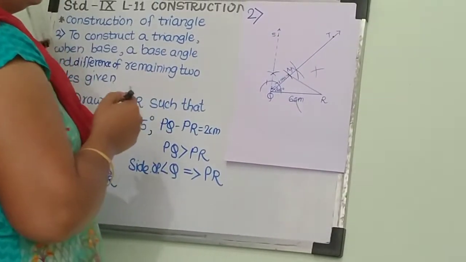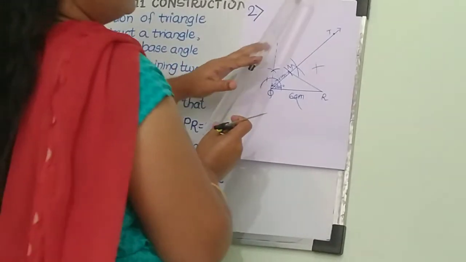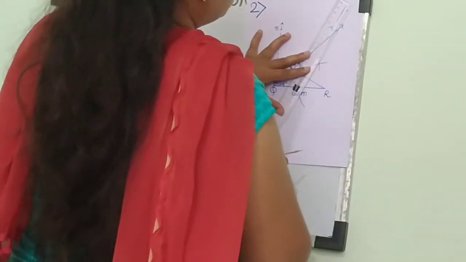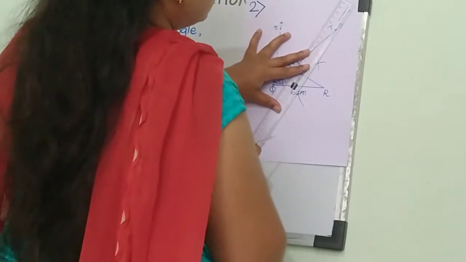So now we have to draw the line passing through these arcs on both sides.